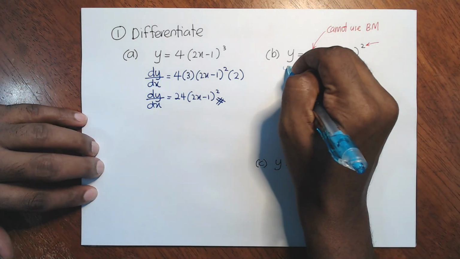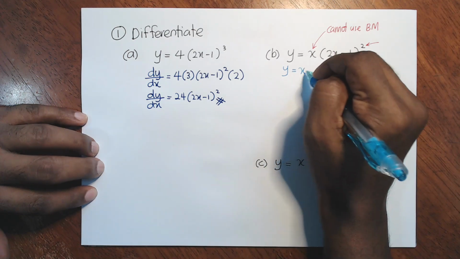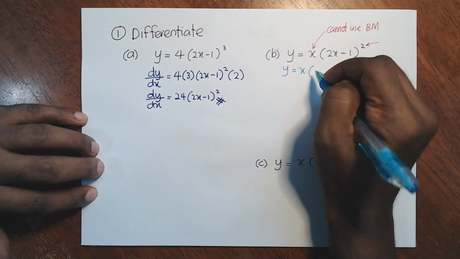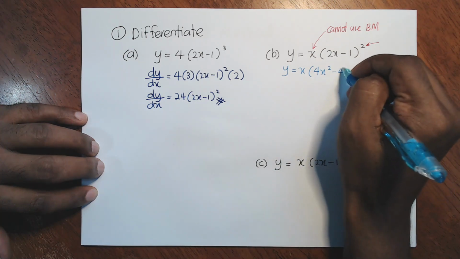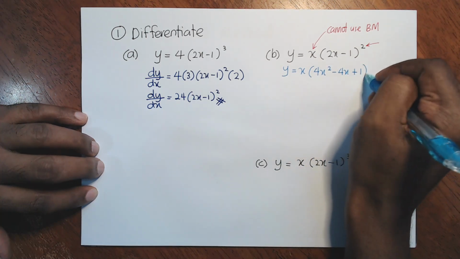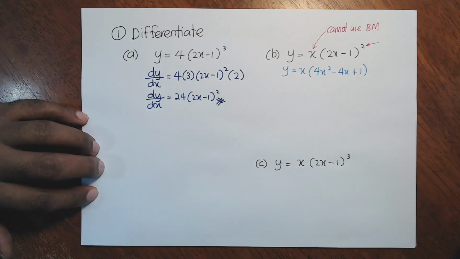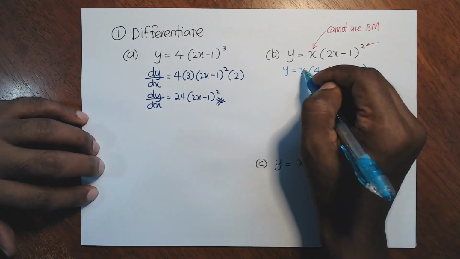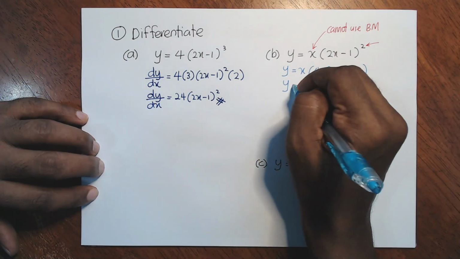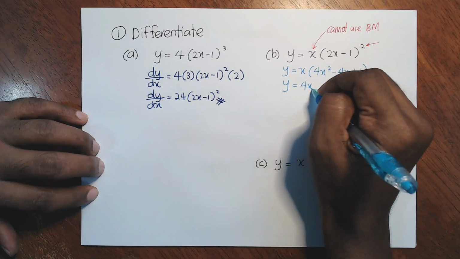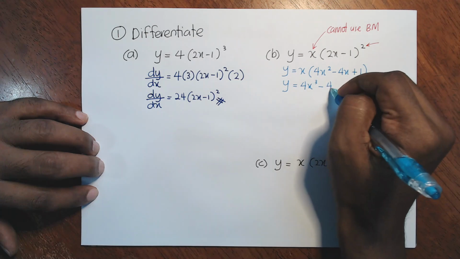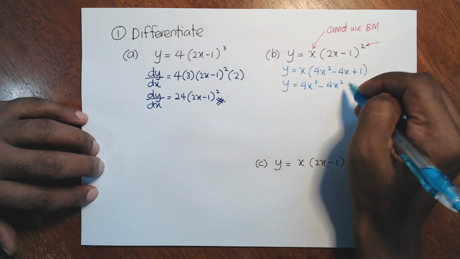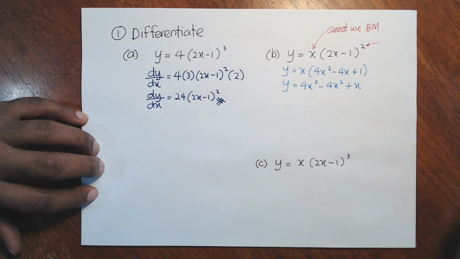So it remains y equals x times, when you expand this, you're going to get 4x squared minus 4x plus 1. I hope you know how to expand that, right? And times the x outside, so you get y equals 4x to the power of 3 minus 4x to the power of 2 plus x, right?